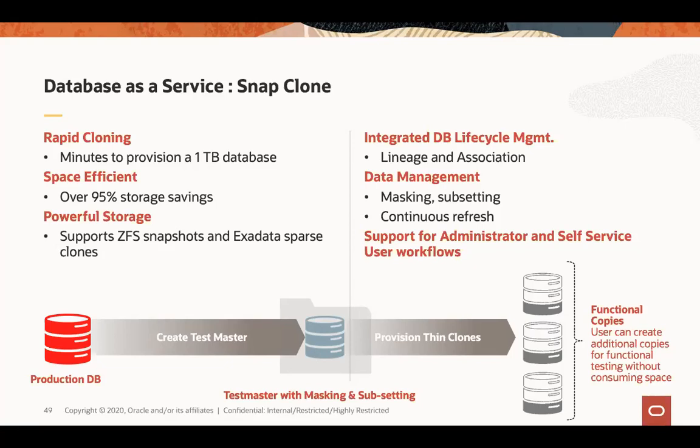So this is very useful for functional testing, development exercises, things like that. For things like performance testing, normally that would require an actual full clone. But there are many uses for these, and we see customers more and more taking advantage of this.